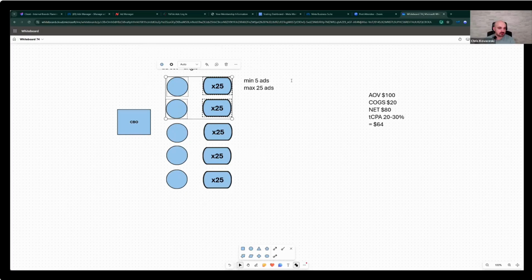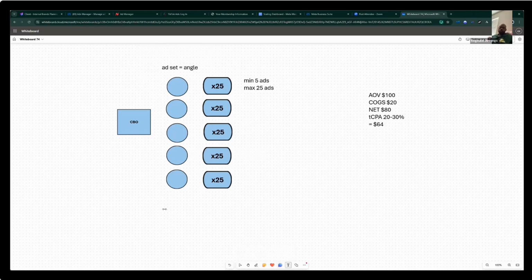Then, if things aren't working out, any of these ad sets that reach, let's create the rules here with text. It reaches 3 times TCPA.